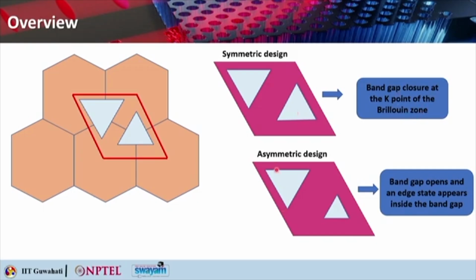But if you introduce asymmetry, meaning one triangular hole you keep as it is, but the other you shrink in size, in that case the band gap opens up and an edge state will appear inside the band gap, and that will allow the propagation.